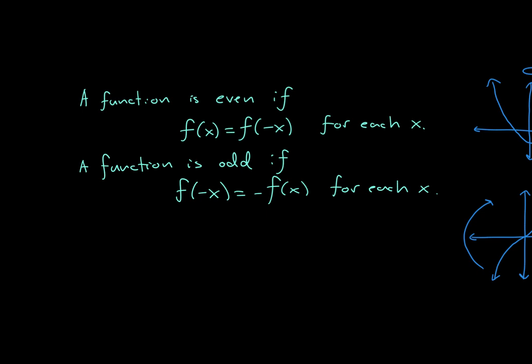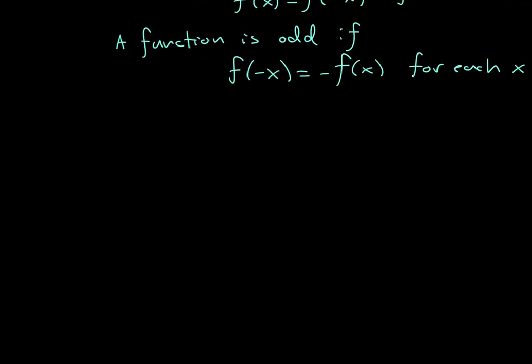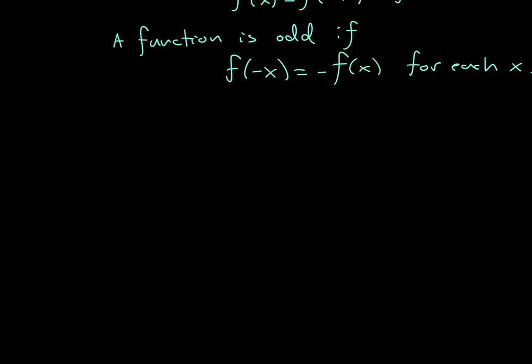It turns out you can grab any function and break it up into its even part and its odd part. Check this out. I thought this was quite genius. By definition, the odd part, or excuse me, I'll start with the even part.